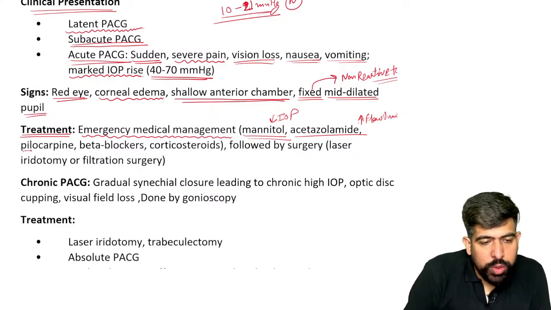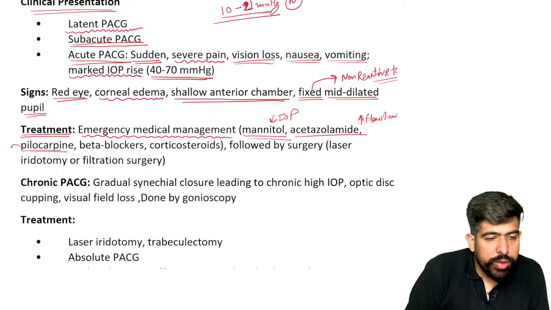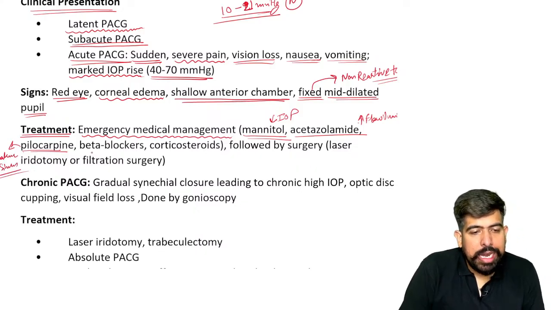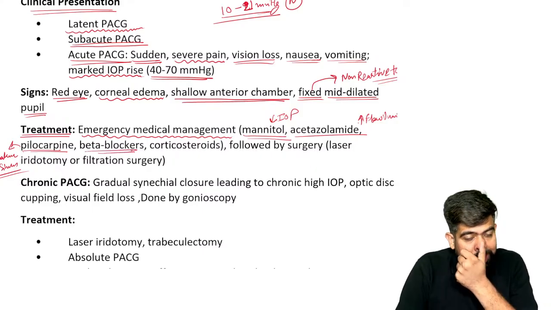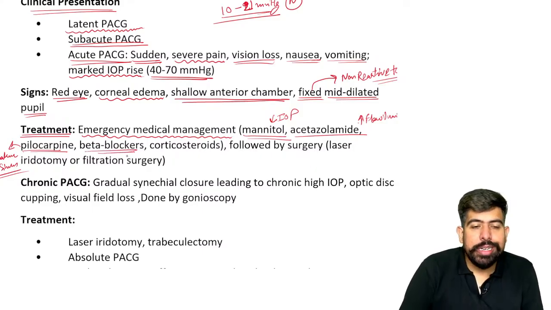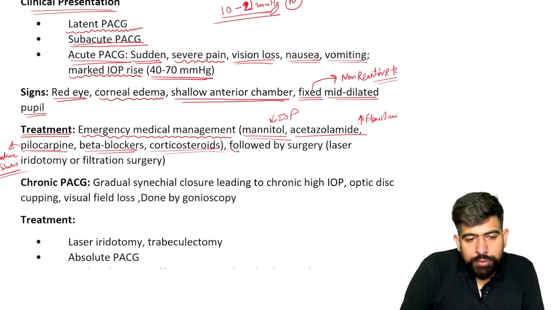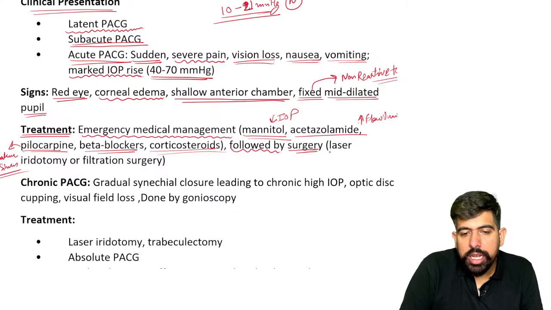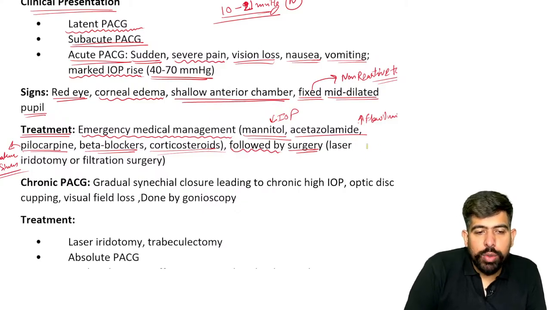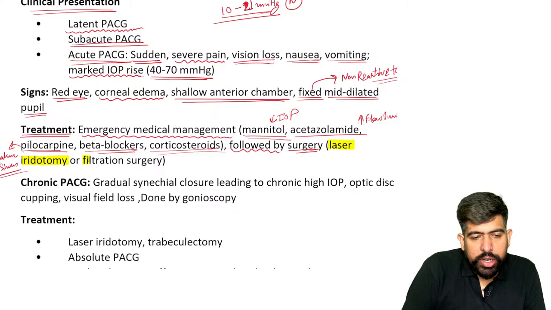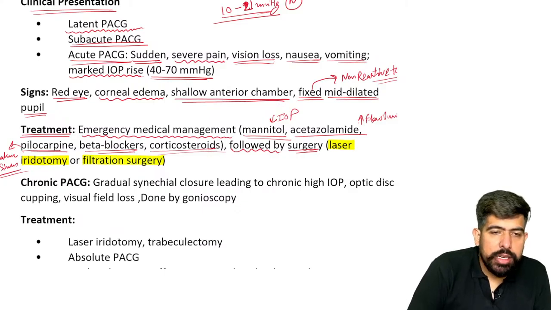We can give pilocarpine, and it will break the synechiae, and we can give beta blockers for decreasing the intraocular pressure. Also corticosteroids can be given, and it should be followed by surgery. What is the surgery? We have to do laser iridotomy or filtration surgery.